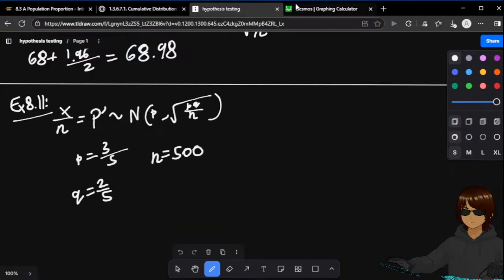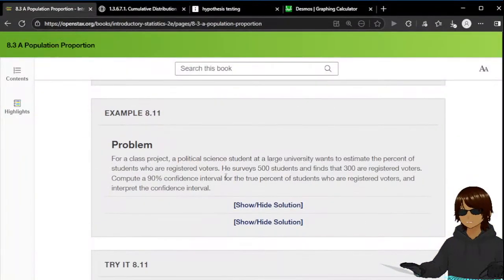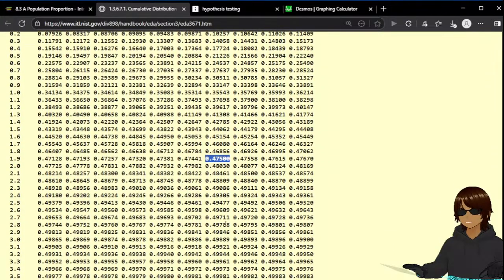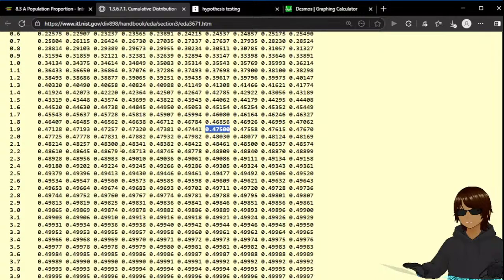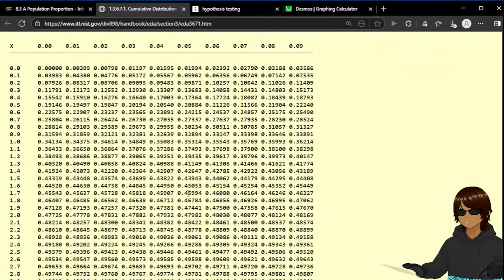So, 90% confidence. This is 0.45, right? I think 1.65 was it? 1.65.